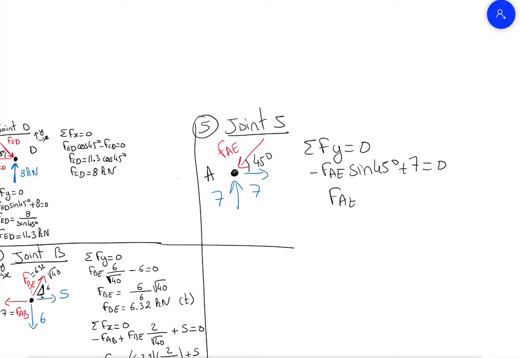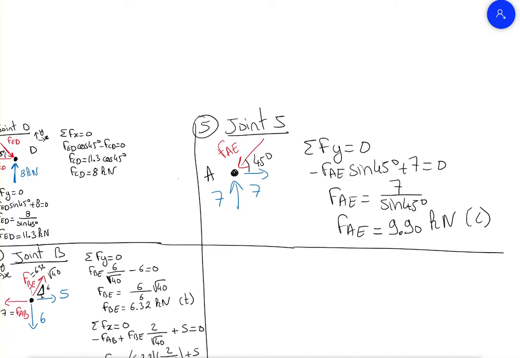So FAE is equal to 7 divided by sine 45. That is 9.899, so 9.90 kilonewton. And it's compression because it's pushing on the particle, so the particle is pushing on the truss.